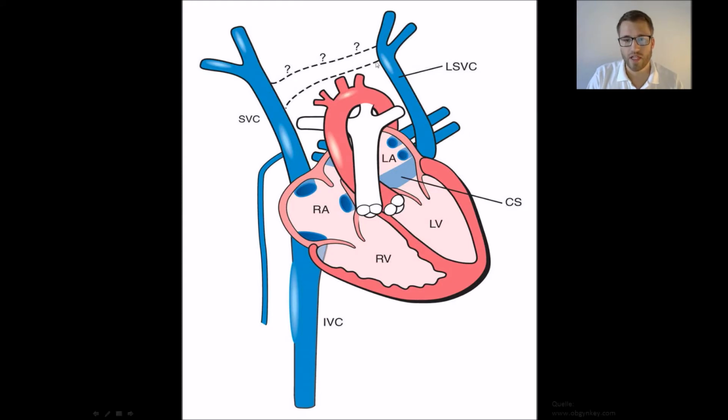Sometimes this connection does not happen, and the left superior vena cava is not going into the communis, but going separately into the right atrium.